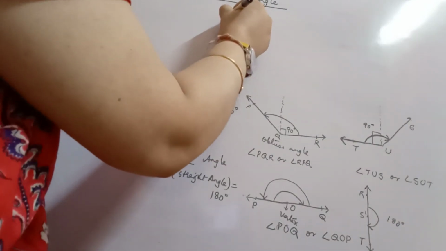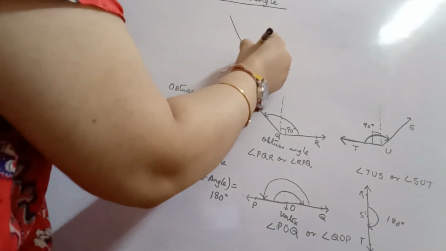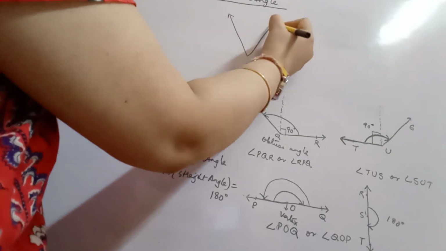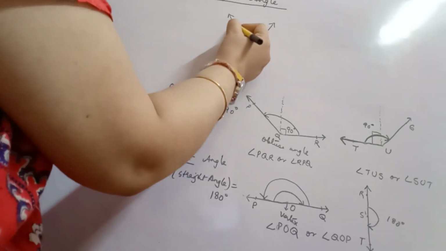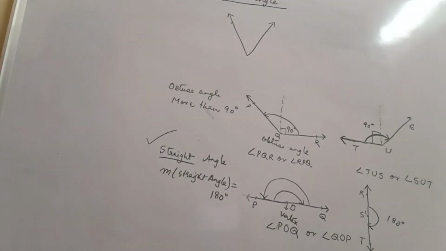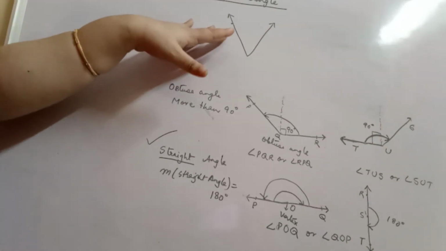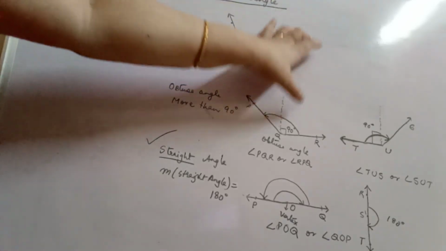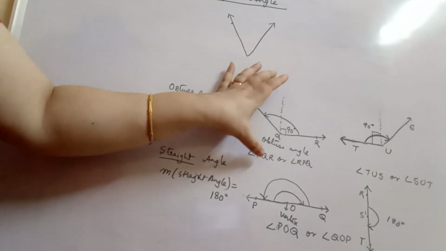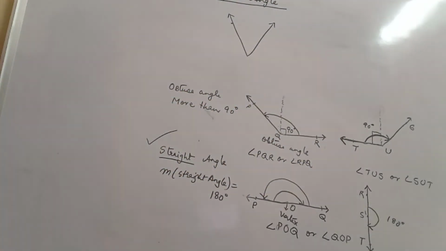Now suppose I make an angle like this. You will have different types of figures, so always be ready for such figures. It can be here, it can be here, in this form. Any type of angle, it would be revolving around 360 degrees.